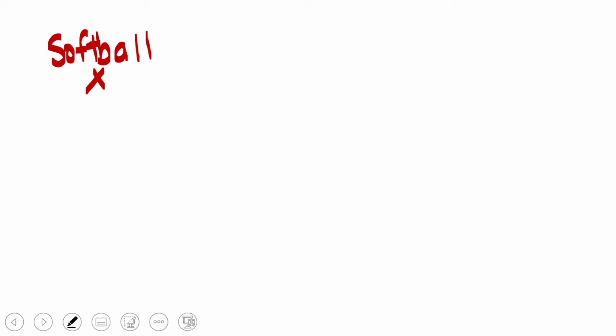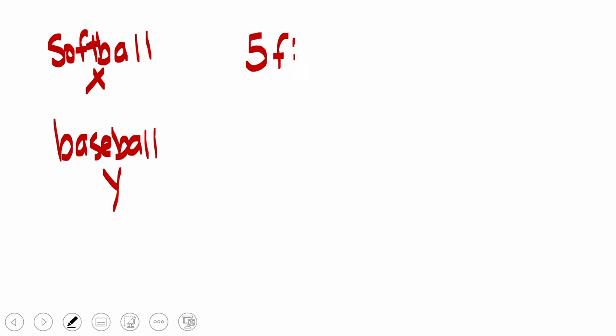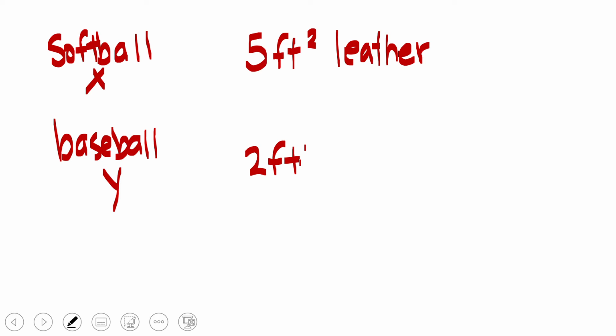Softball is x and baseball is y from our assigned variables. Every softball glove uses 5 ft² of leather, and every baseball glove uses 2 ft² of leather. Those units match.